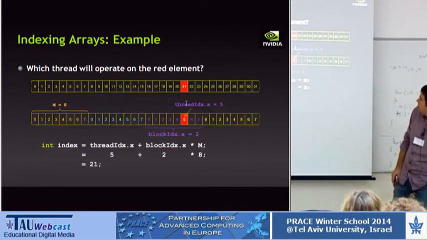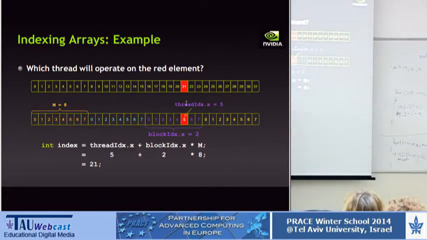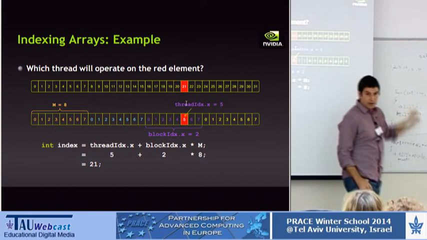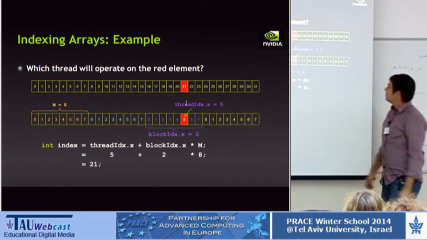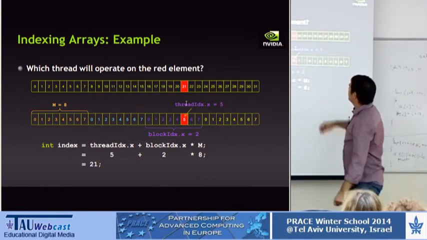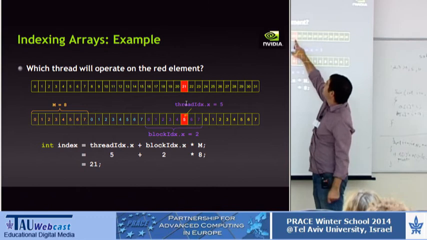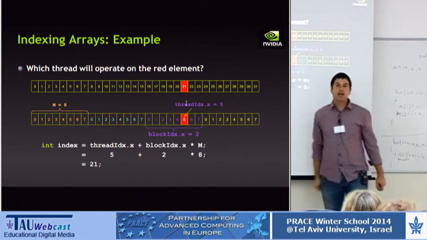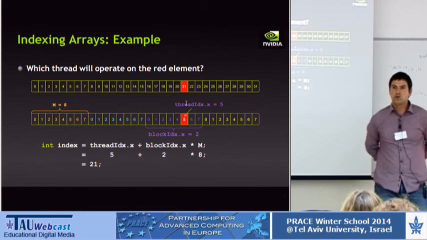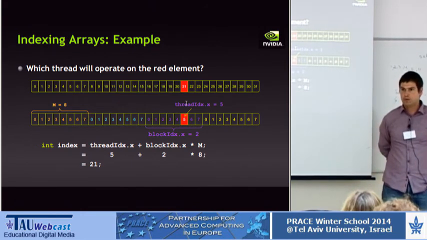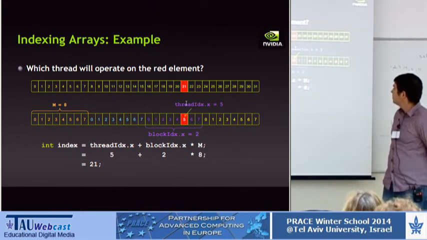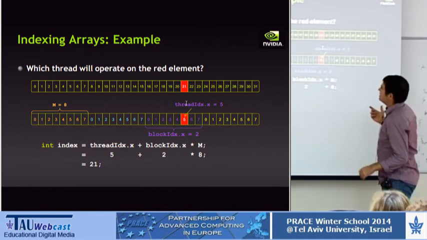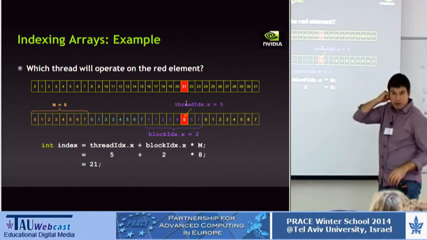Take a look at the next slide. This is the index in the data, right? This is my vector. And the question is, let's say for this element, which is the 21st element, which block ID and thread ID are going to work on it? Block 3? Actually it's number 2 because it starts from 0.